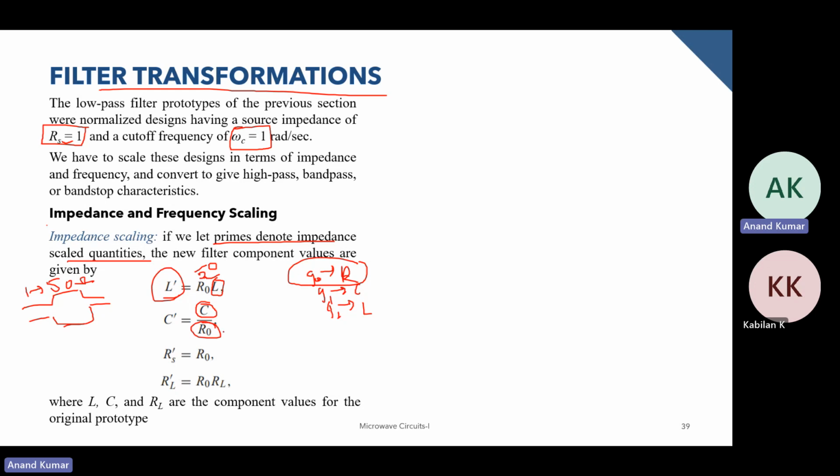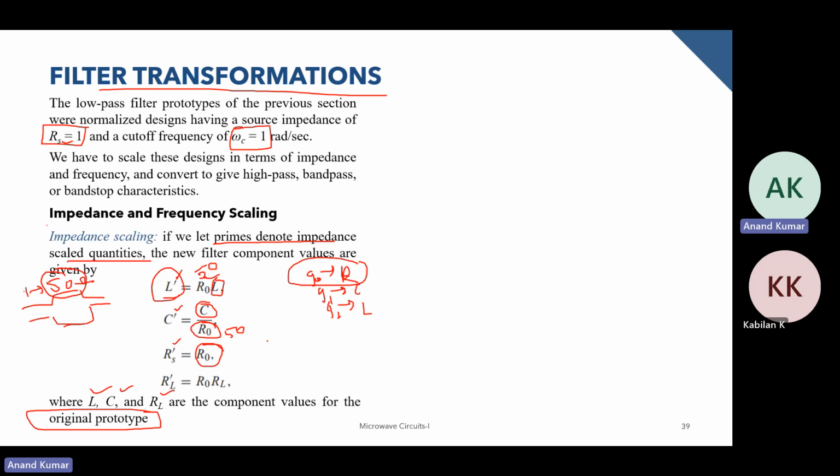Similarly, R0 will become 50 ohms if you're scaling this 1 to 50 ohms. So the dashed values are the new values. RS' will become equal to the new scaled value of the impedance, and RL' will become RL times R0. So L, C, and RL are the values for the original design, and the primed ones are the new design.